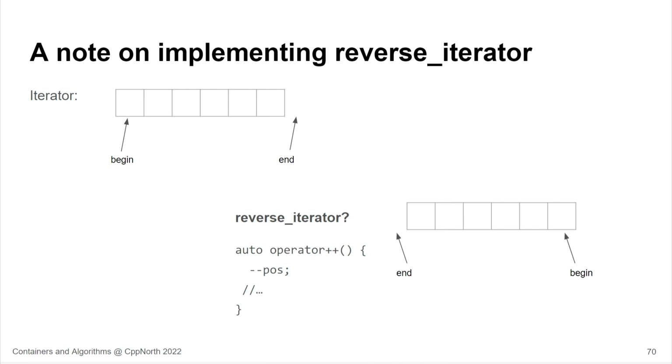And the answer is no, it is not, because you cannot point to one before the begin. One after the end is an address that you can point to. Any position in memory, you can point to one past. The specification says so, but you cannot assume that you can point to one before.